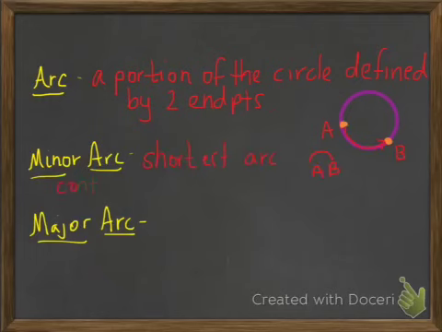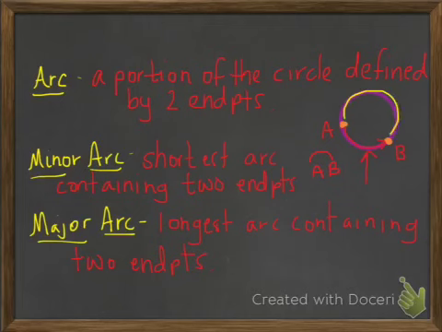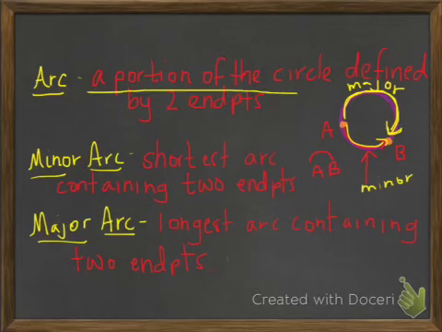So you have an arc, a portion of the circle defined by two endpoints. This is an arc from A to B, or this is an arc from A to B. So just a portion of the circle.